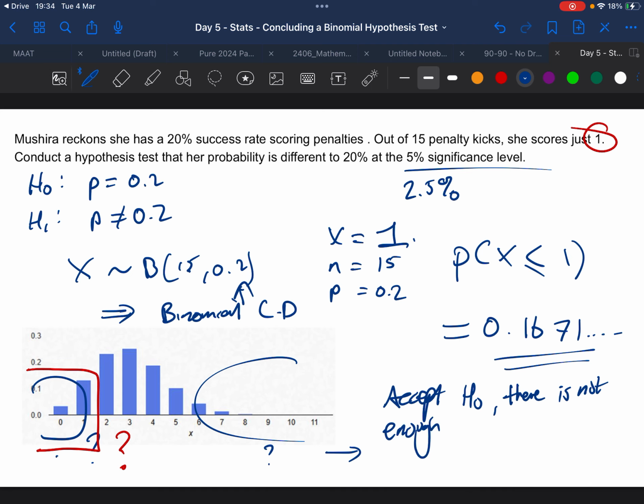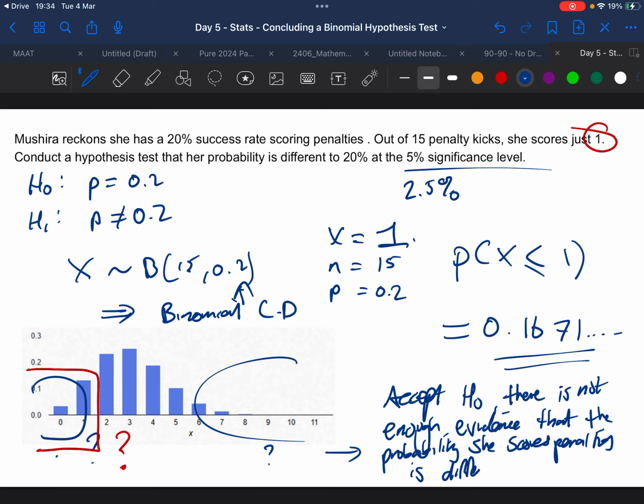There is not enough evidence that the rate, that the probability she scores penalties is different to 0.2, not less than, not more than, but different.